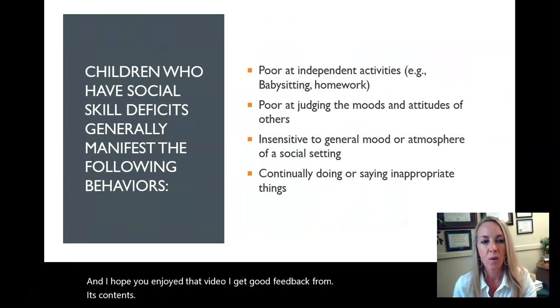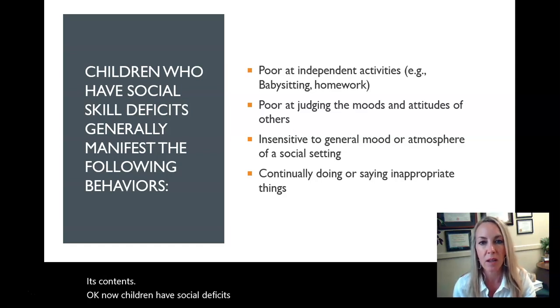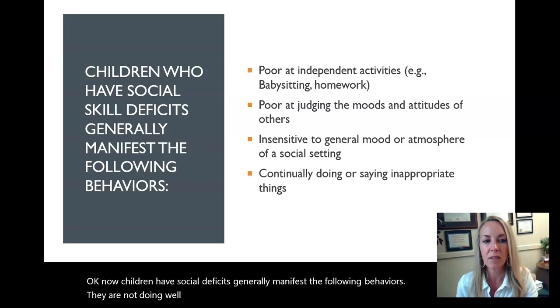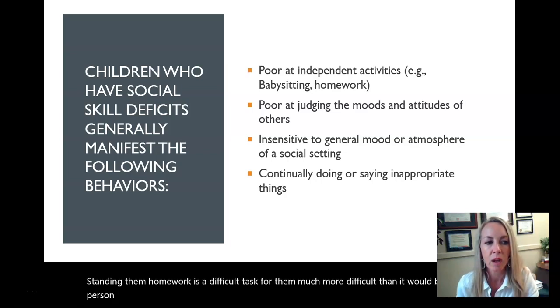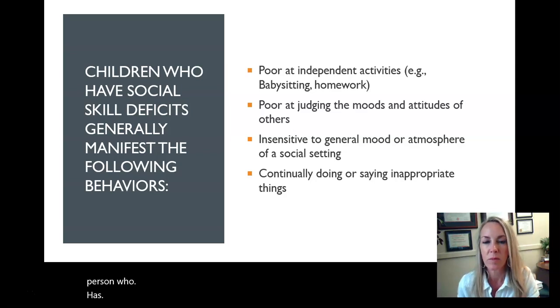Okay, now children who have social deficits generally manifest the following behaviors. They are not doing well on independent activities. Assigning them homework is a difficult task for them, much more difficult than it would be for a person who has more developmentally ready executive functioning, an ability to plan and self-monitor.